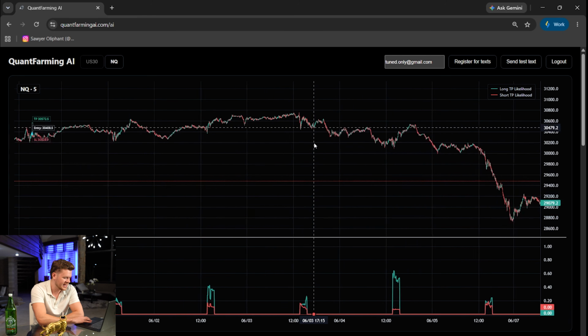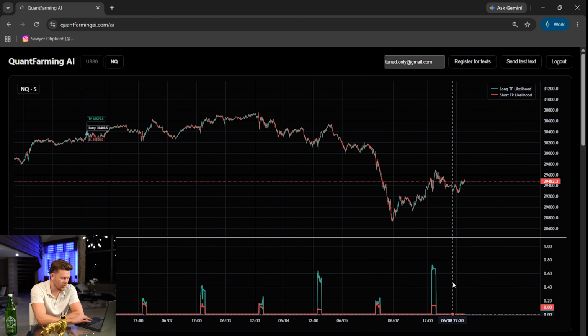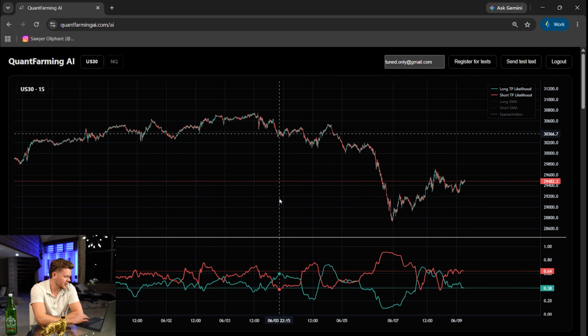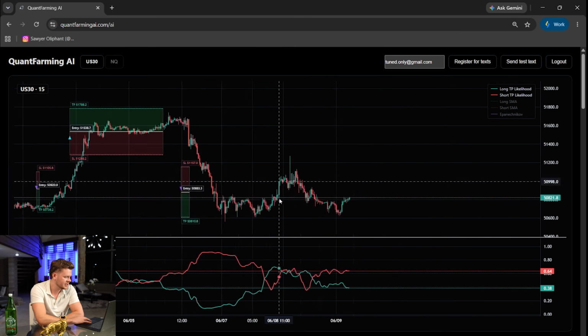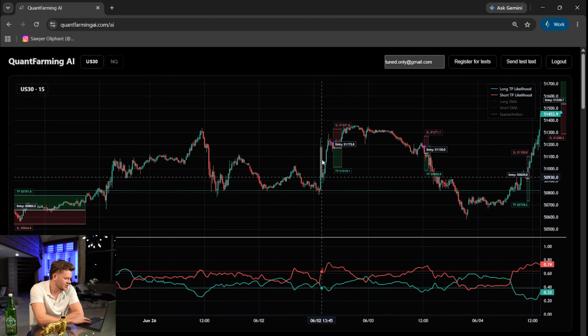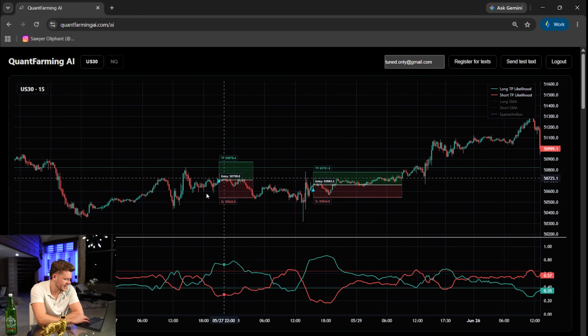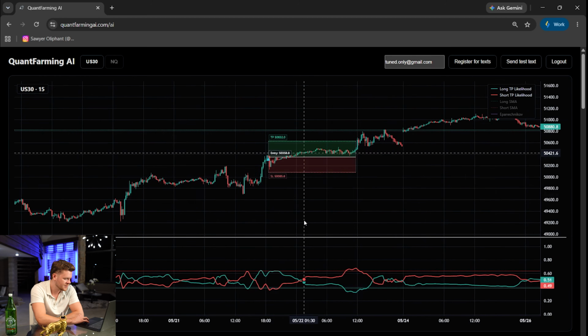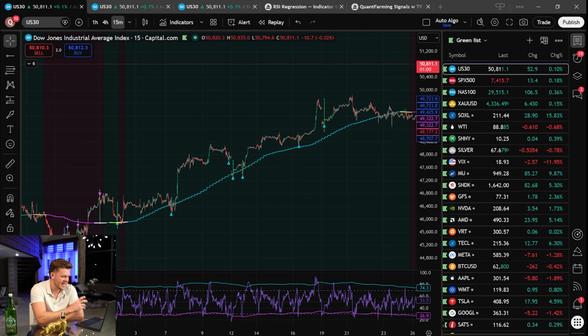So we can see the NASDAQ is actually trading an ORB, opening range breakout strategy. Now, the cool thing here is that we have this double strategy from US 30 and on the AI, because we can see that it's also placing trades for us, right? It's pretty much the same exact concept. But when we get a trade from the actual original algorithm that has no AI, we can use the AI to do what's called a double check and have that be almost like an indicator within itself.